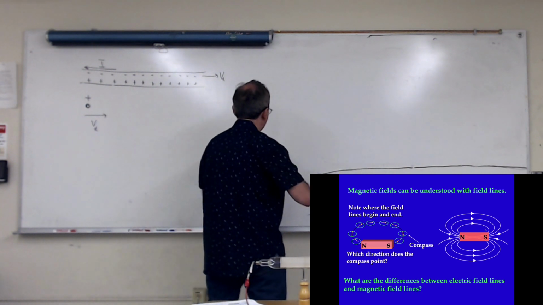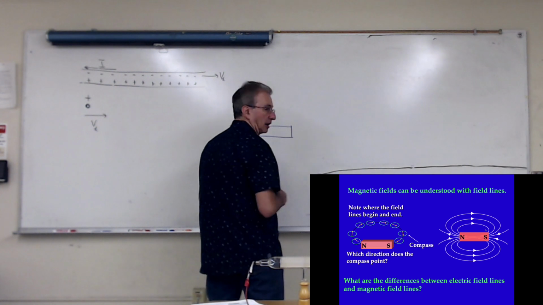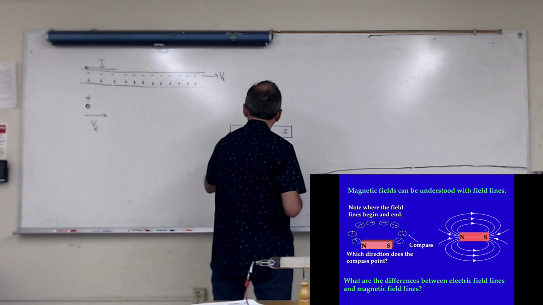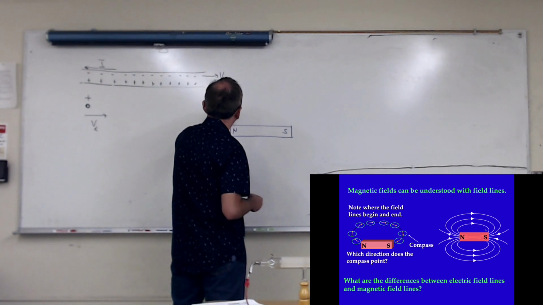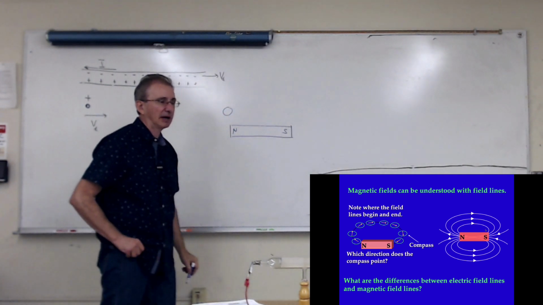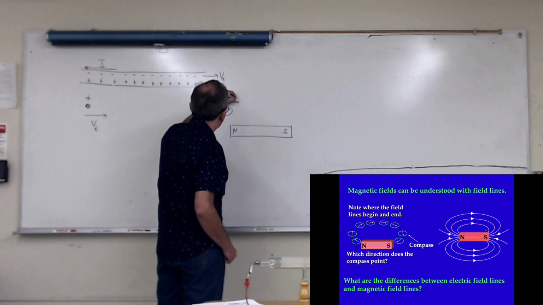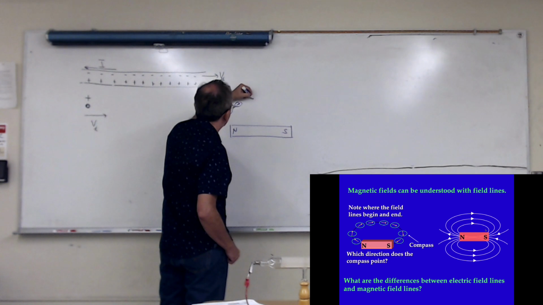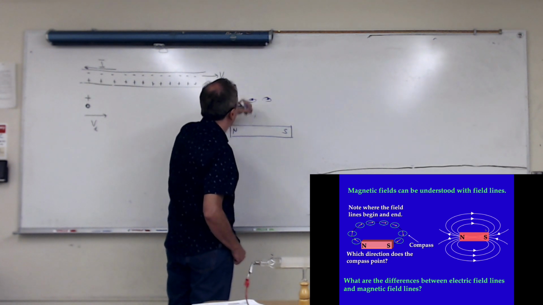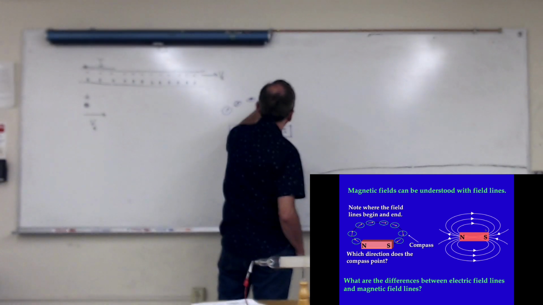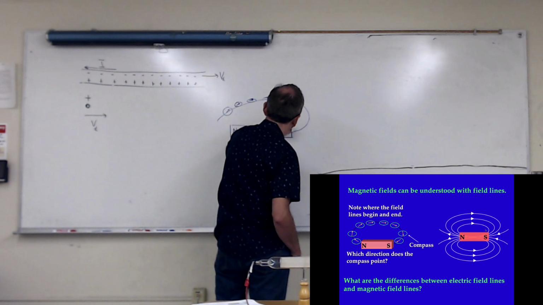Let's say you take a bar magnet and a compass. And let's say this is the south pole of the magnet, this is the north pole of the magnet. And I want to basically map out the field lines. I take a compass and I can map out the field lines. They look like this.